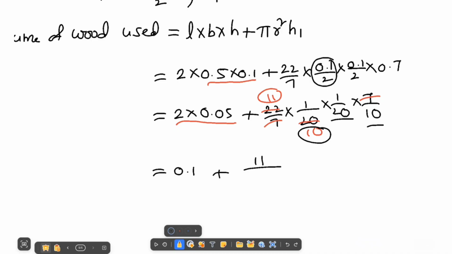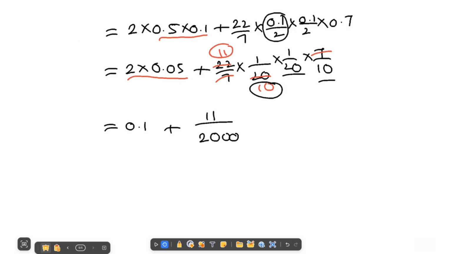How much is it? It will be 2000. So let's divide this 11 with 2000.